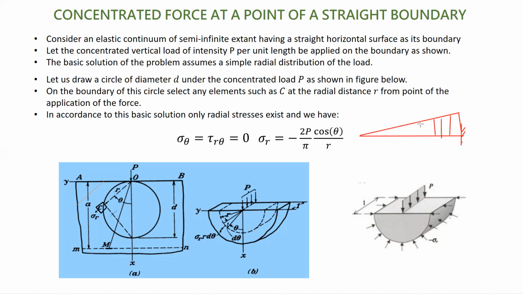In this case, we gave you the stress function, which is a polynomial. As we learned before, any cantilever beam, straight beam, or any type of beam can be formulated by such a polynomial function.